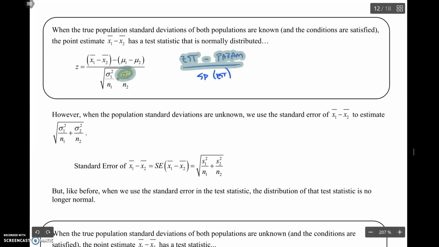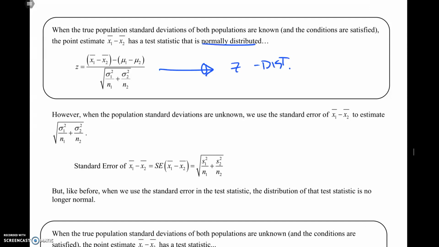If you have the true population standard deviations, then this is distributed normally. This has a z distribution, standard normal distribution. It's a z-score. However, when the population standard deviations are unknown, we use the standard error. We replace these unknown values with these known values, remember?